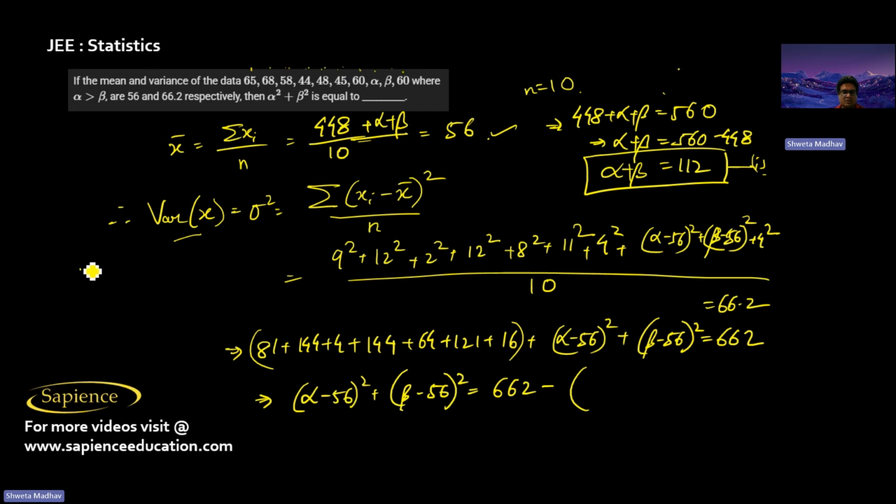This will be 81 plus 144 plus 4 plus 144 plus 64 plus 121 plus 16 is 574. So alpha minus 56 whole square plus beta minus 56 whole square is equal to 88.